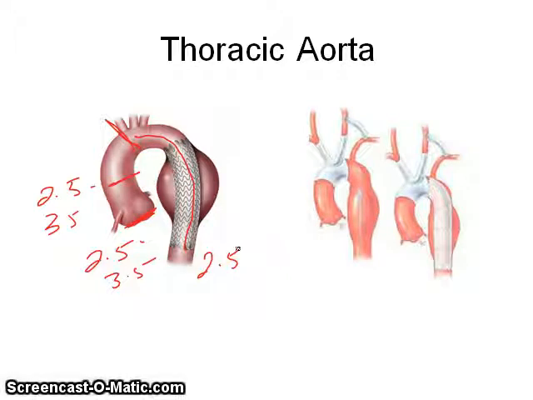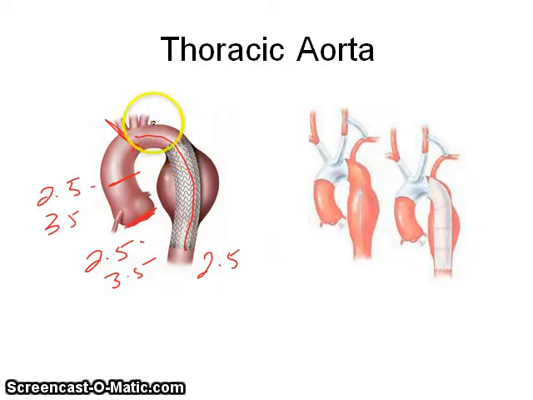The thoracic aorta presents more challenges. A lot of times diseases of the thoracic aorta are treated surgically. Now, more and more as techniques and technologies advance, they're doing more of these types of stent grafts with all of these branches.